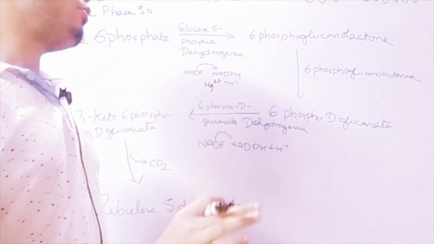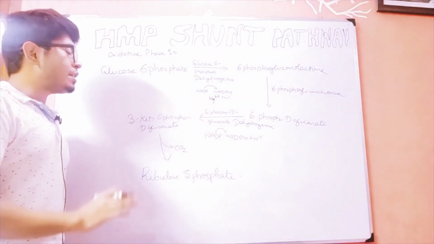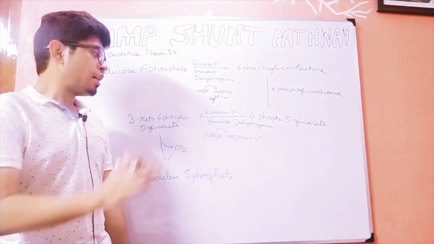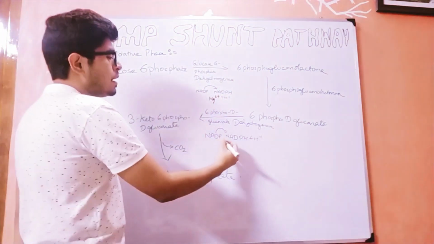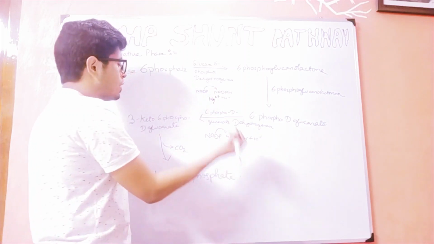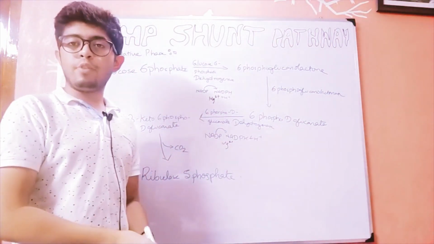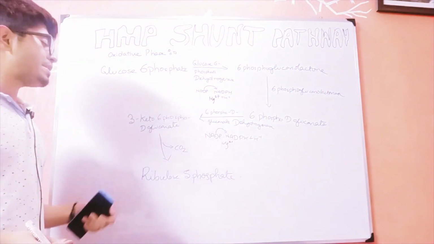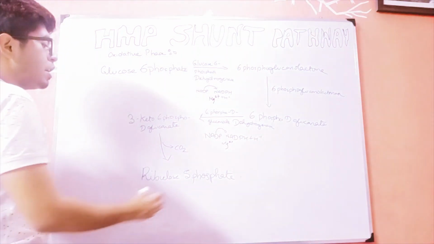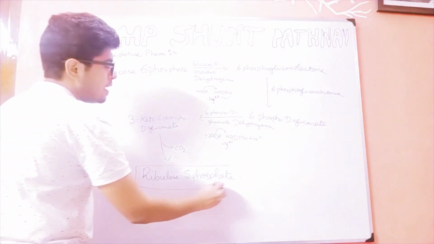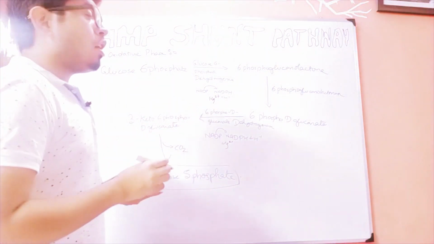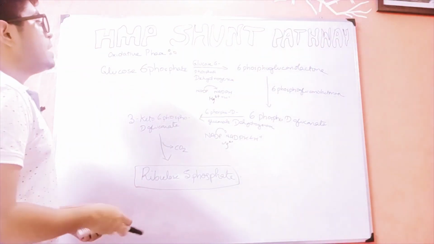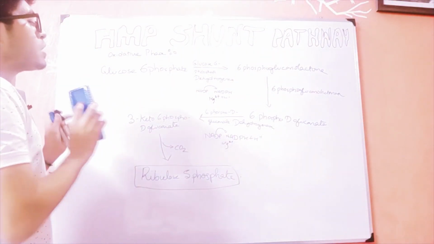This 6-phospho-D-gluconate is then acted upon by 6-phospho-D-gluconate dehydrogenase, which again uses up another molecule of magnesium to give rise to 3-keto 6-phospho-D-gluconate. And by elimination of a CO2 molecule from this step, we finally give rise to ribulose 5-phosphate, which is the product of the oxidative phase of the HMP shunt pathway. So by this we can complete the oxidative phase.